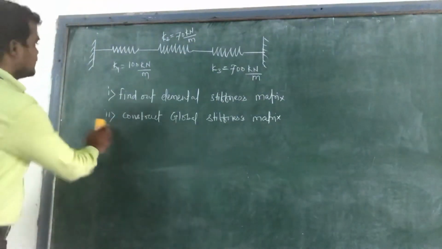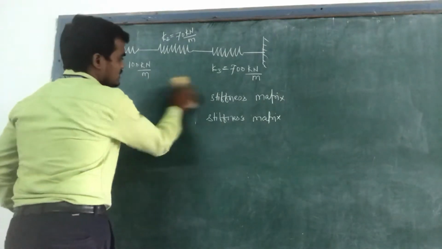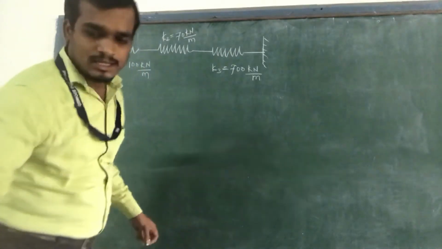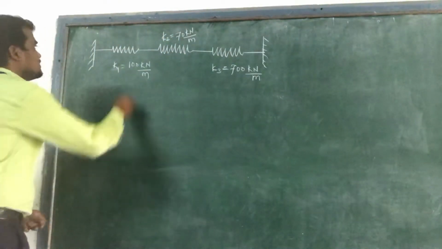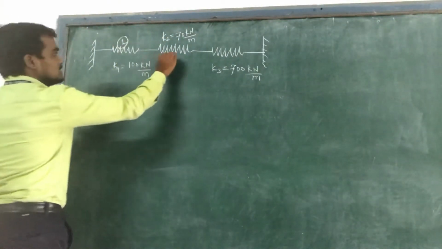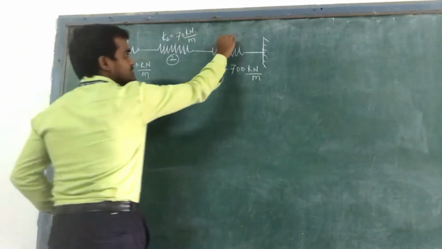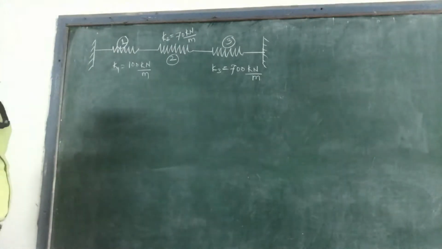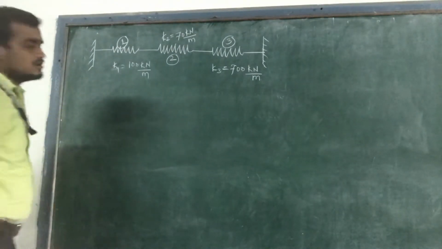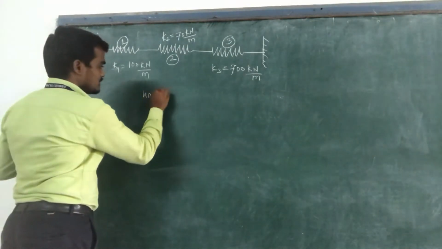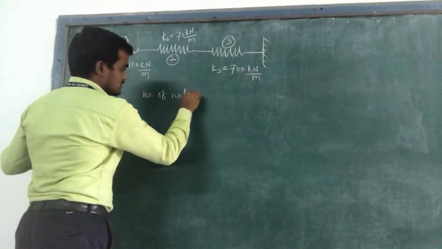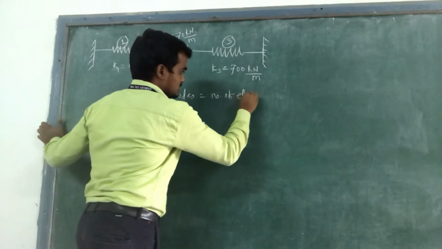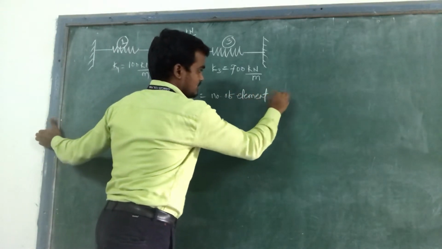First, find the elemental stiffness matrices for each element. As there are three elements, this is the first element, this is the second element, and this is the third element. The number of nodes is equal to the number of elements plus 1.